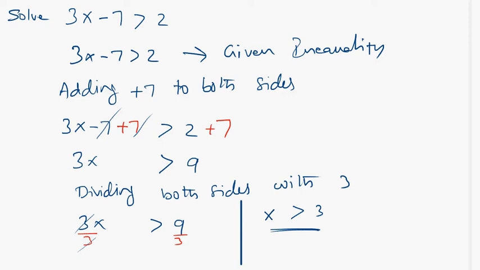We can represent this on a number line, for example, if this is a number line with 0.